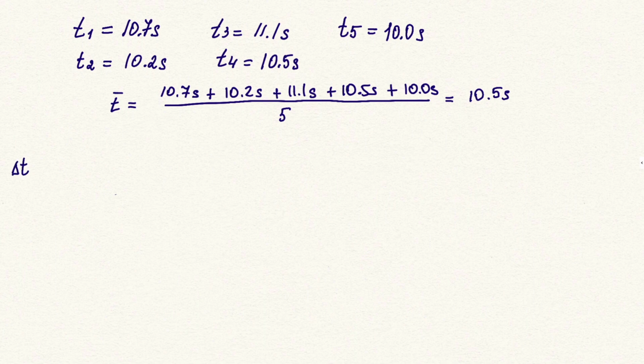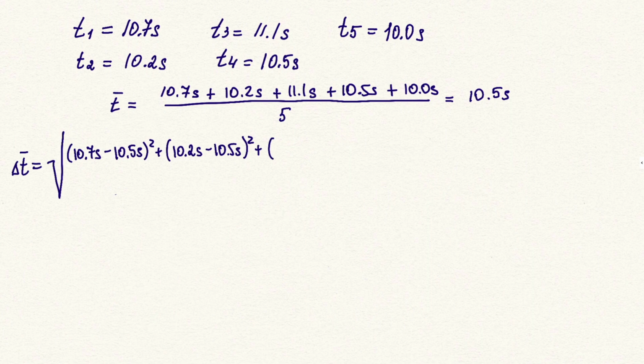Delta t average equals, so we're taking a big square root. Now I'm taking the first measurement, 10.7 seconds, and I subtract the average, 10.5 seconds, squared. Now I take the second measurement, 10.2 seconds, and subtract the average again. And we continue in the same fashion.